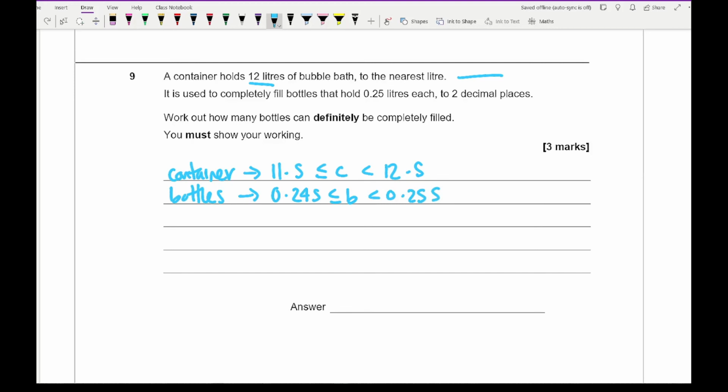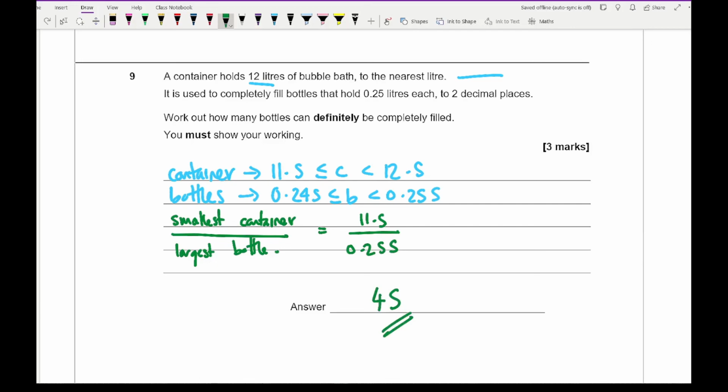So what we want is the smallest possible container with the largest bottle. So we want the smallest container divided by the largest bottle. The smallest possible container is going to be 11.5 divided by 0.255. And again, I'll assume this is going to be on a calculator paper, and you should get an answer of 45.